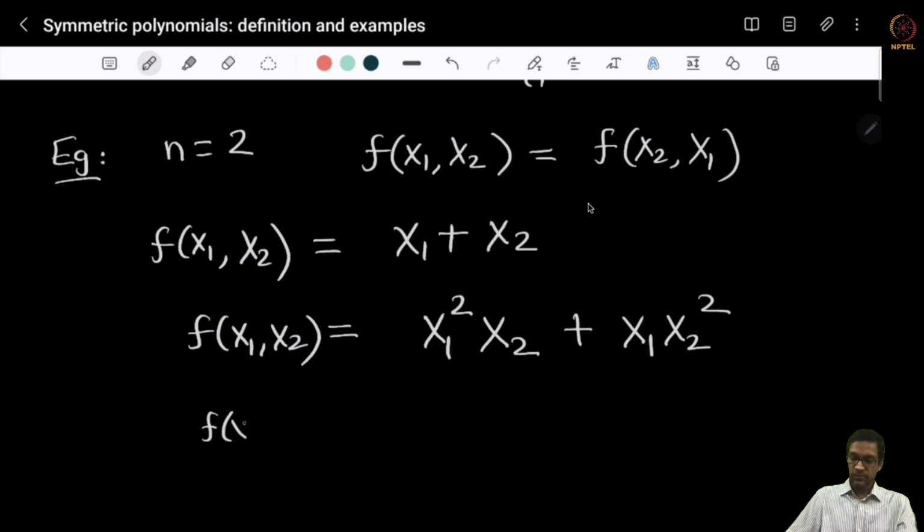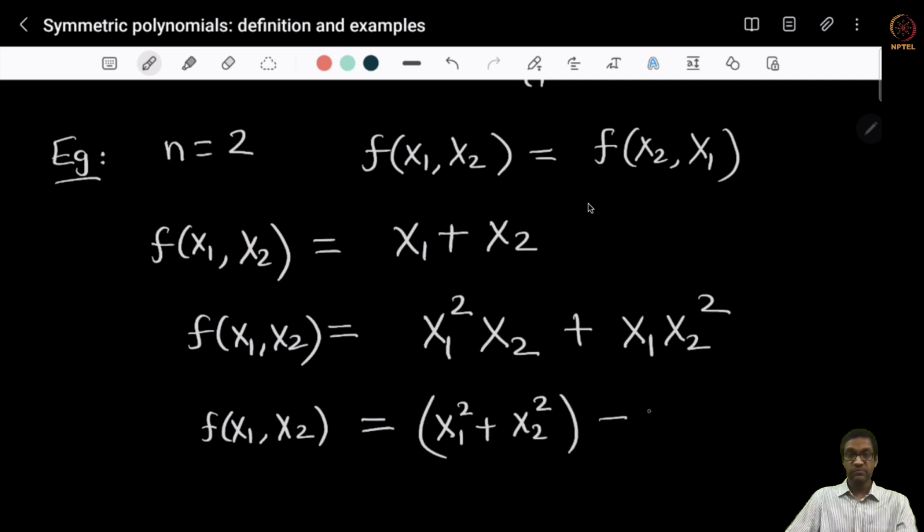Let's take another one, maybe something slightly more complicated. For example, I can take x1 square plus x2 square, which is like the first example, except I've now squared both variables. Observe, this is by itself already symmetric, but I could also add something further to it.